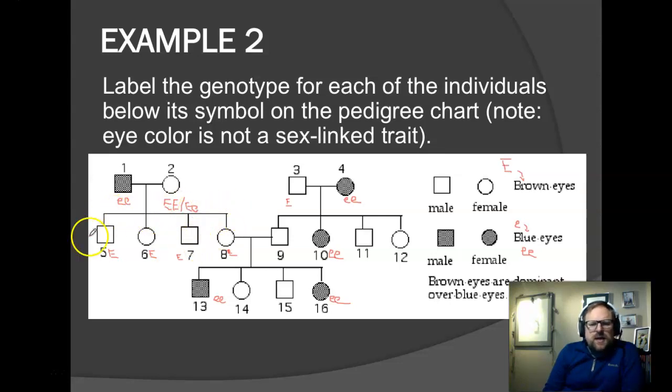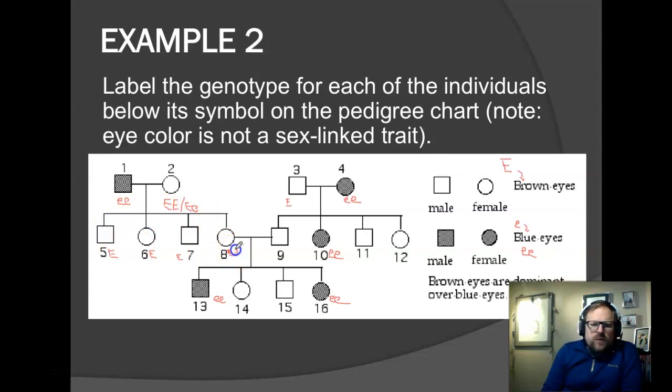Because our sample size isn't large enough, there's not enough individuals here for us to come up with a really good idea of what these offspring are. So we can't be 100% sure of that with this group.